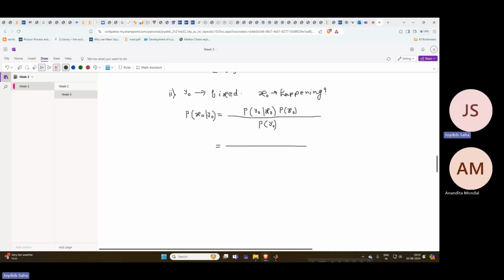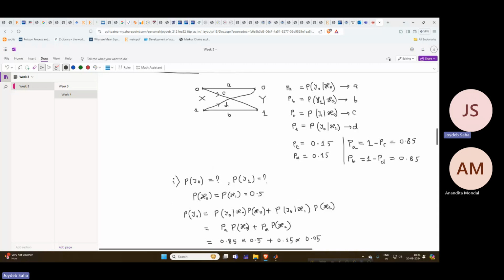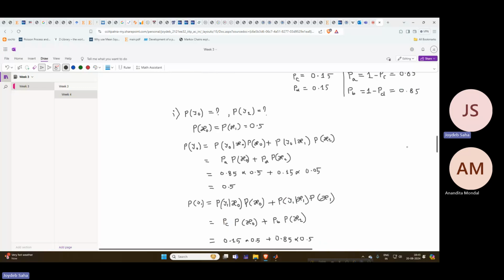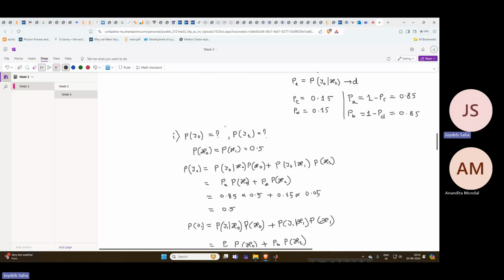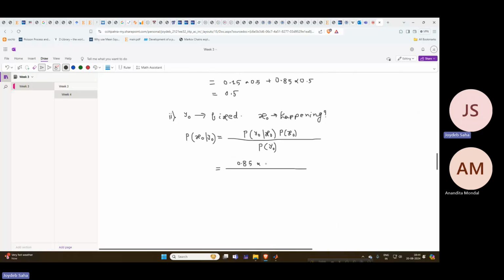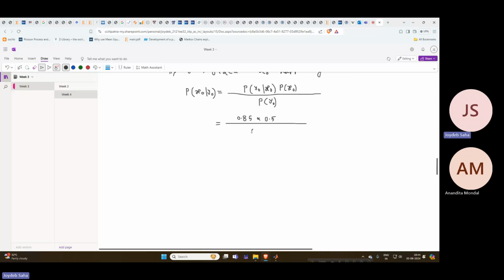And we know probability of y0 upon x0 is given PA, we have calculated 0.85, into probability of x0 is this 0.5, probability of y0 we have calculated 0.5, so it is 0.85.